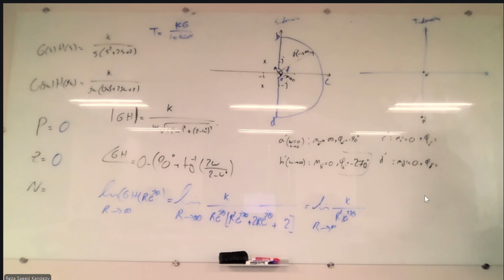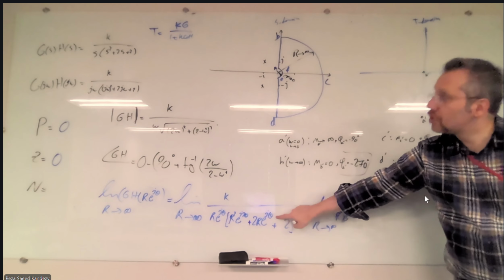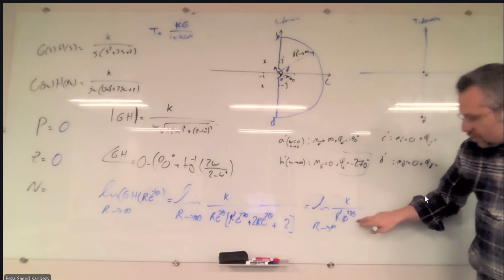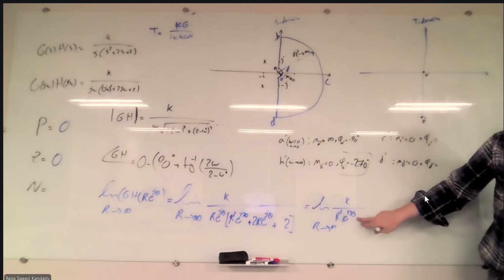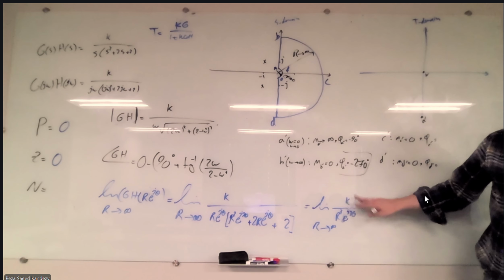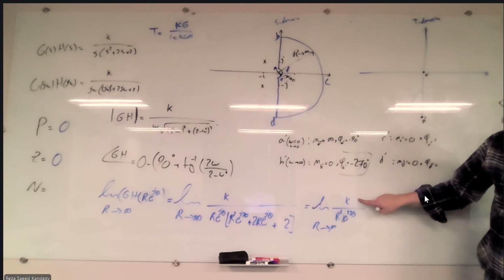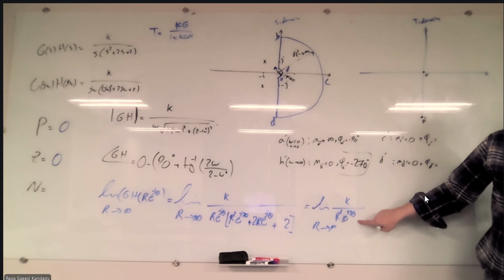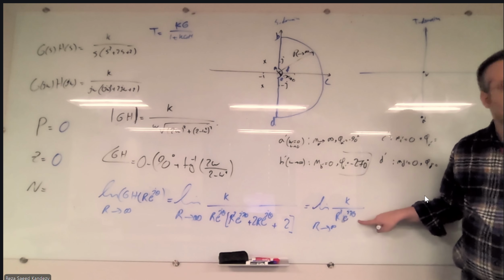Are we good? I put the theta of B in this formula. So here the theta is going to be 3 times 90, which is 270, and the whole situation becomes 0 minus 270. So it's going to be minus 270.